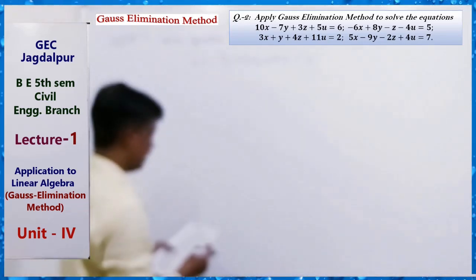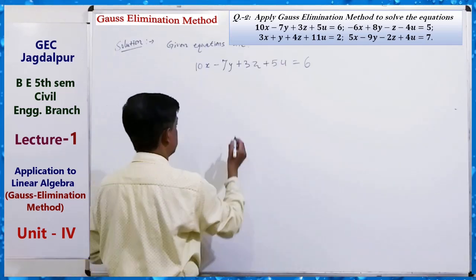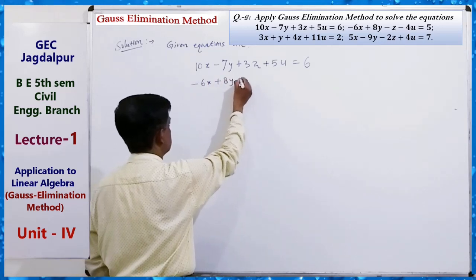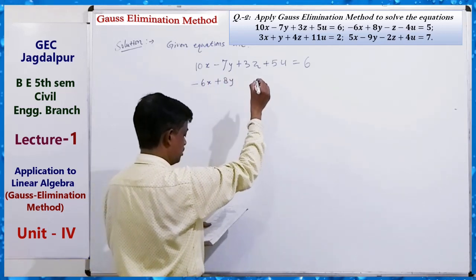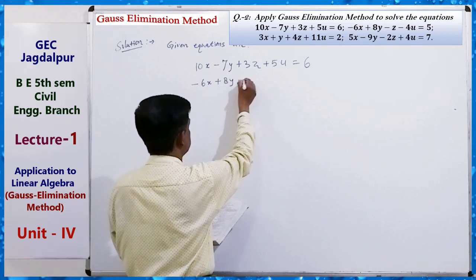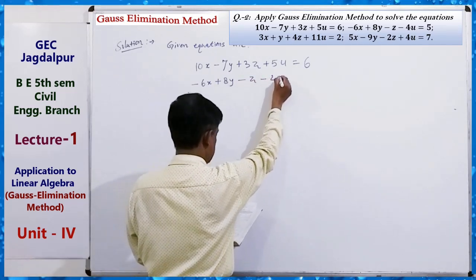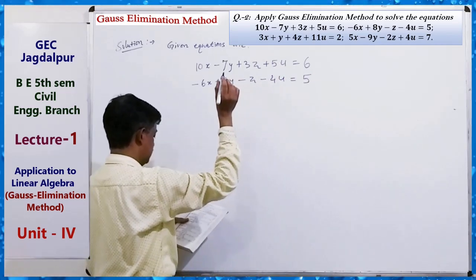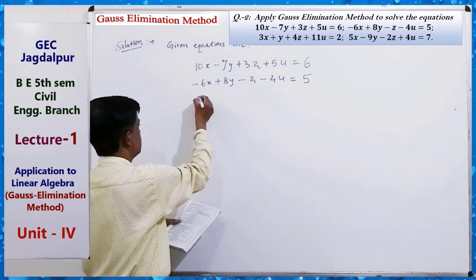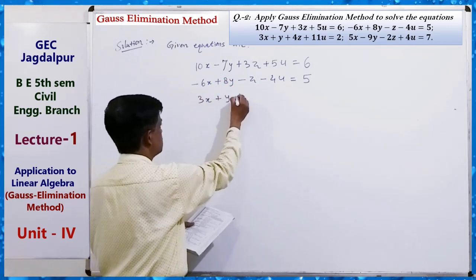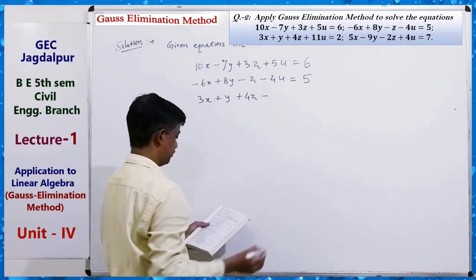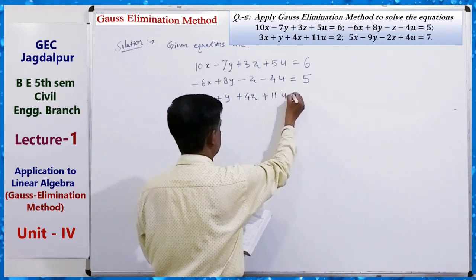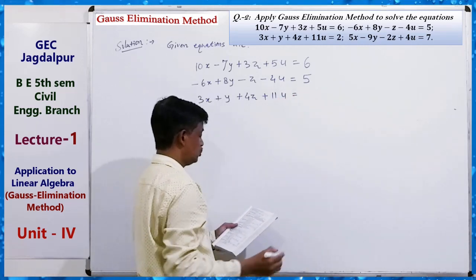Second: minus 6x plus 8y minus z minus 4u equals 5. Third: 3x plus y plus 4z plus 11u equals 2.